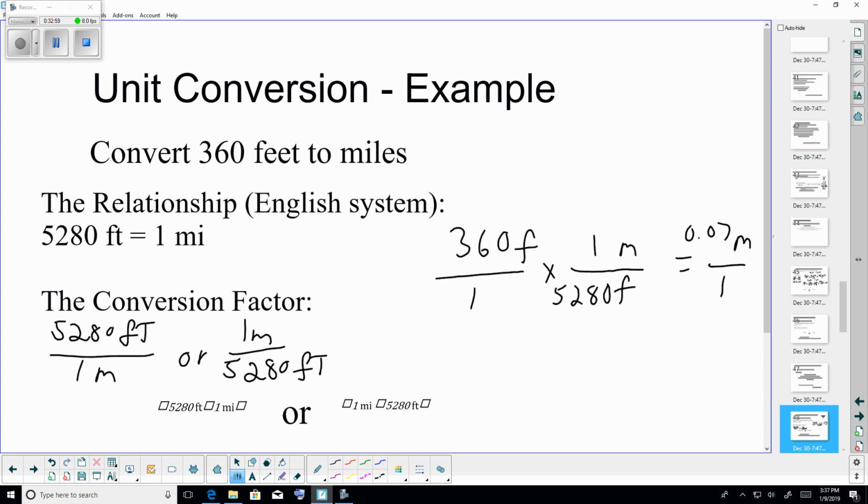So it would be what? There you go. I know, but it's good. Make the mistake now. Don't make it on the test. 360 divided by 5,280. Oh, the answer is 0.068. But he said 2 significant figures. This is only 1. So, no, it's not this.